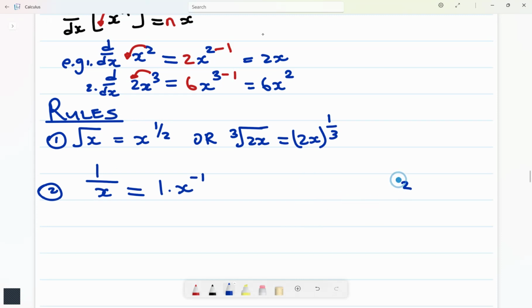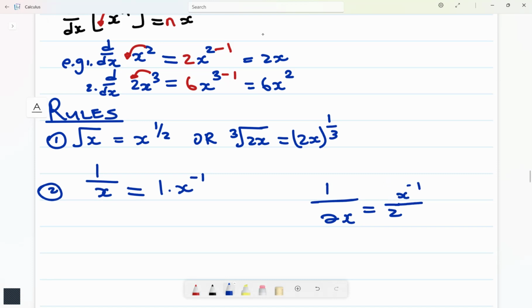Now, the question is, what if I have 1 divided by 2x? If I'm differentiating with respect to x, I only want x. I do not want x at the denominator. So I just take x only. I say 1 divided by 2, and I let 2 be at the denominator because I do not care. Then I say x to the power of -1.